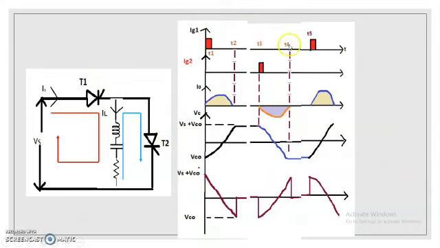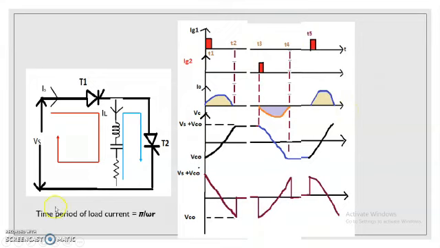And between the time period T4 to T5, again both thyristors are off. This time delay is given in order to let the thyristor achieve its blocking capability, so as to prevent short circuiting of both thyristors, which may damage the device. So this process will continue.